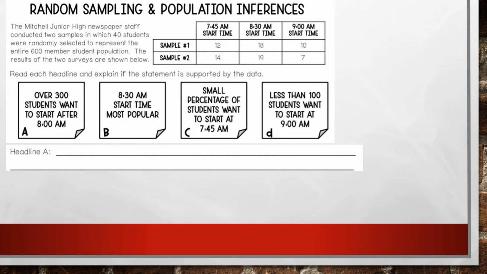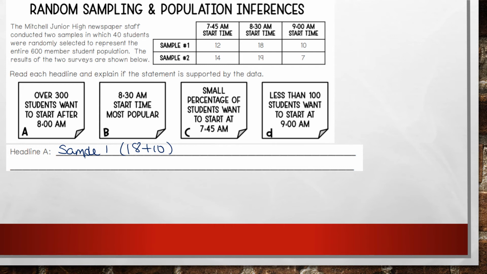So headline A says over 300 students want to start after 8 a.m. So we have to determine if this is true or false. And so we look at sample 1, we're going to take our 18 from 8:30 a.m. plus the 10, because it said want to start after 8.